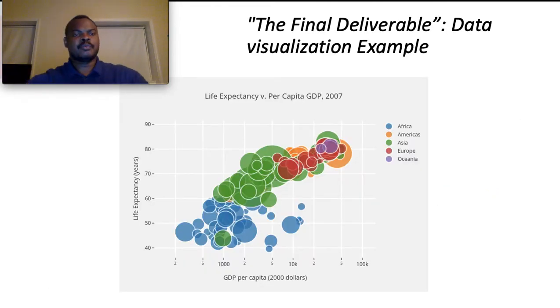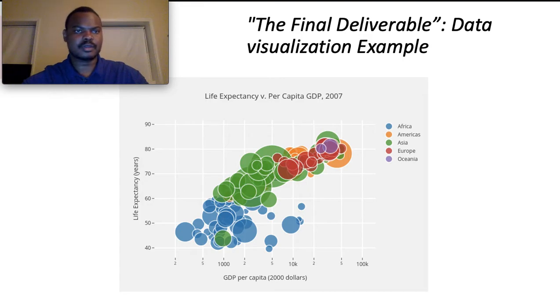So this is just an example of a data visualization, right? It shows life expectancy within certain continents in the world against the GDP per capita. And in this visualization, it shows countries that have low life expectancy and also low GDP.